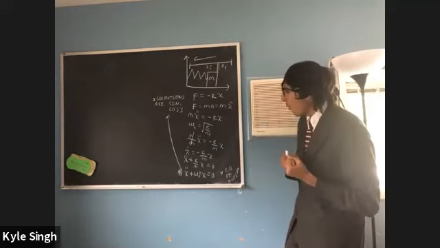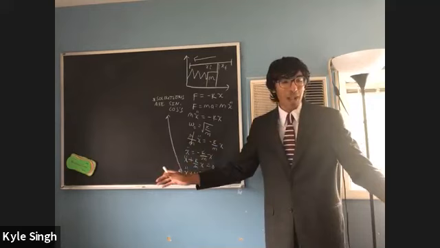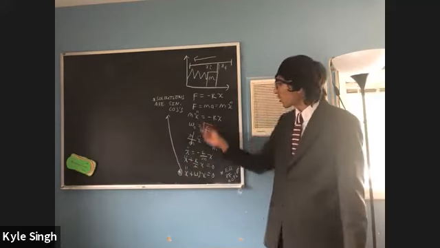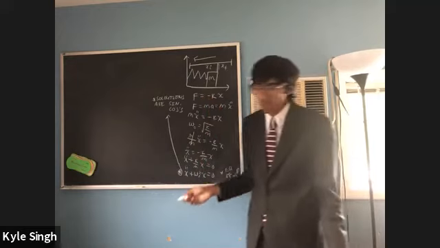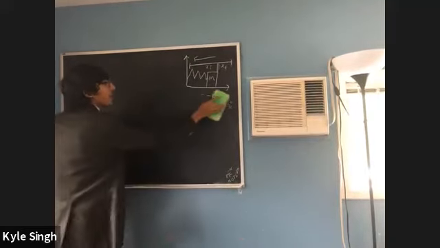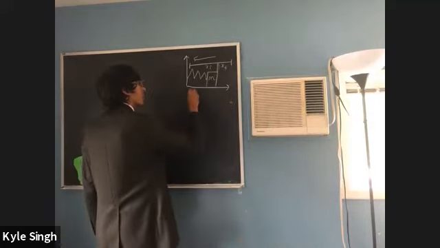Okay, now I'm going to get this same equation with a totally different method. Can I erase all of this? This is just basic, we did this. So now I have the equation of motion.